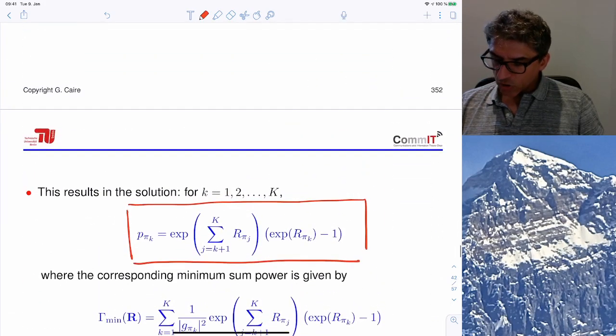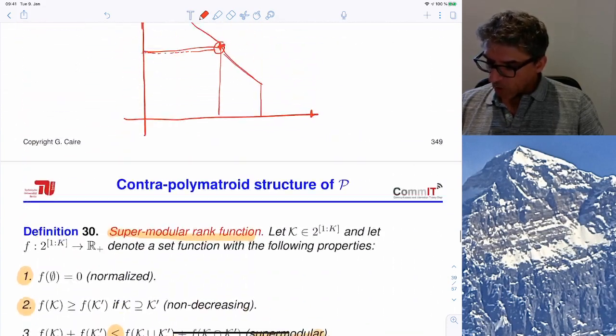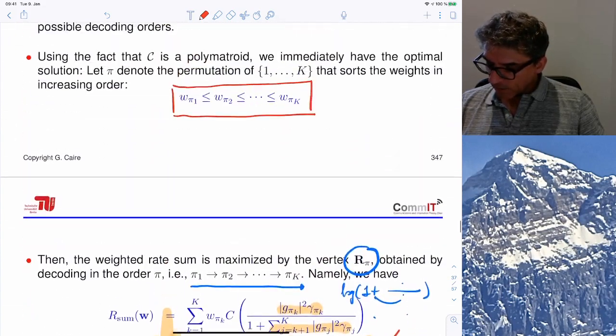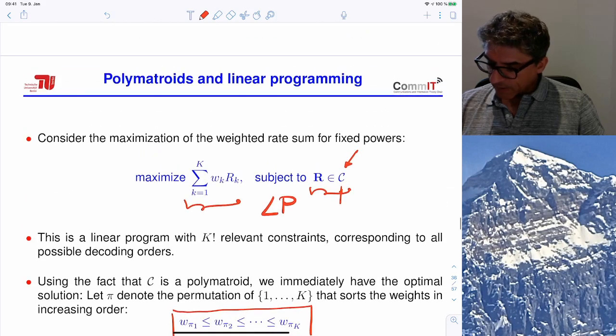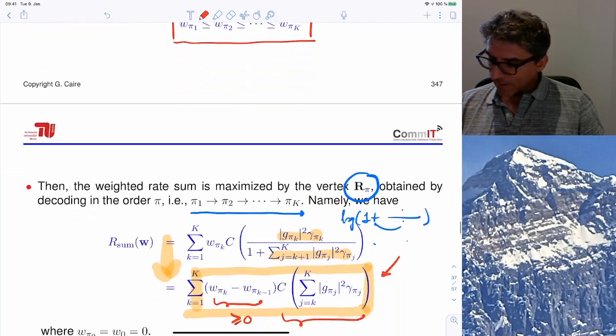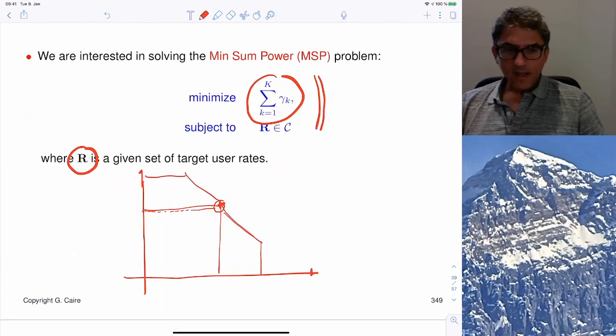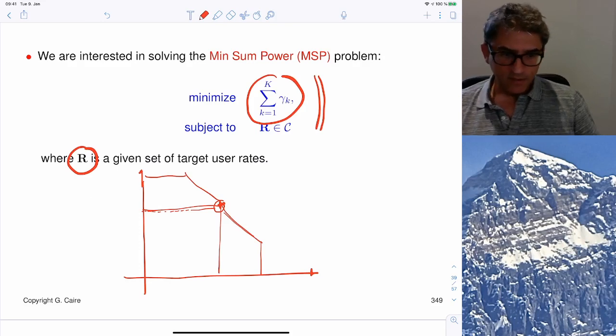Two elegant solutions to two very interesting resource allocation problems. One is maximize a weighted sum of rates subject to a sum power constraint. The other one is minimize the sum power subject to a given set of target rates.